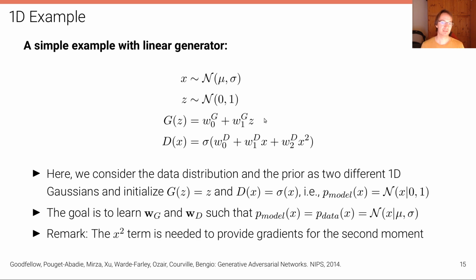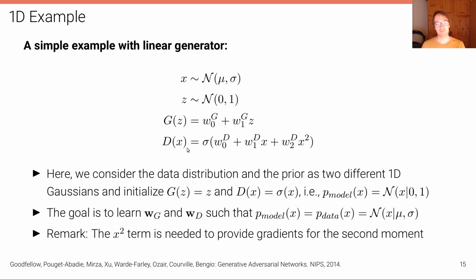In other words, the generator is expressive enough; it has the expressive power to reach the data distribution. This is how this example is designed. So we consider the data distribution and the prior as two different 1D Gaussians.